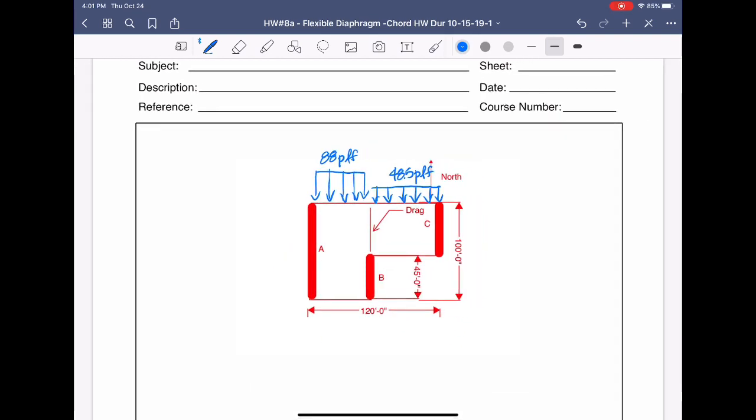That's essentially what we did. We proportioned the distribution by area, right? Very basic area calculation.